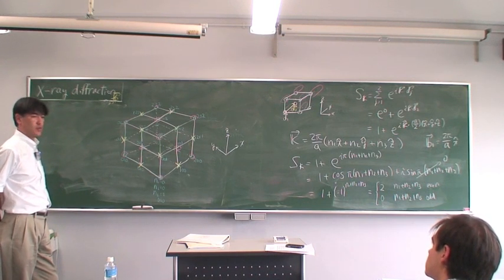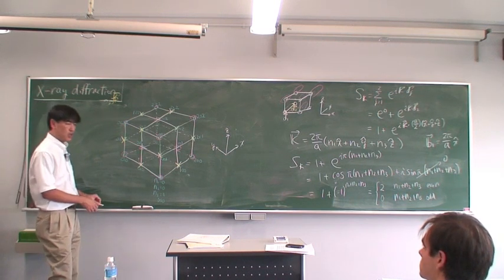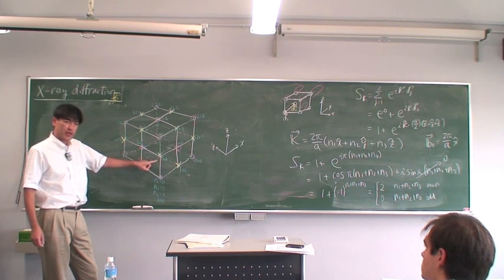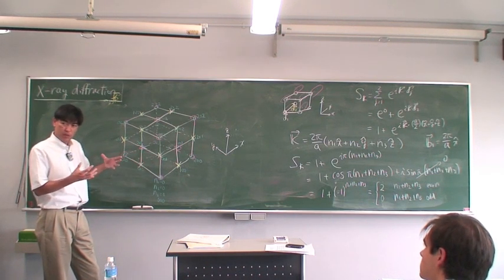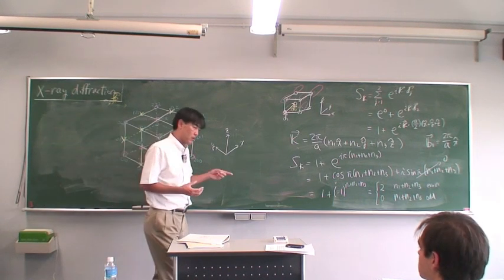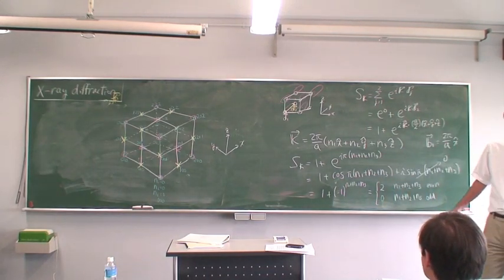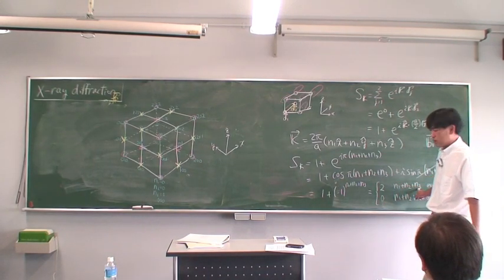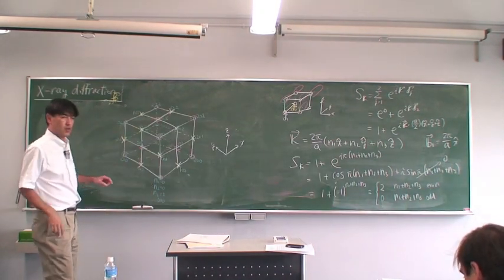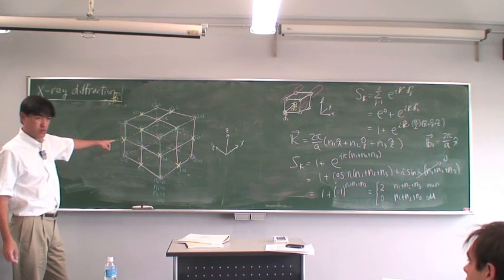So now you see, we started off with a blue simple cubic lattice because originally we thought about a simple cubic lattice. But we thought about the structure factor. And we found that those that are even are red circles, and those that are odd are yellow crosses.